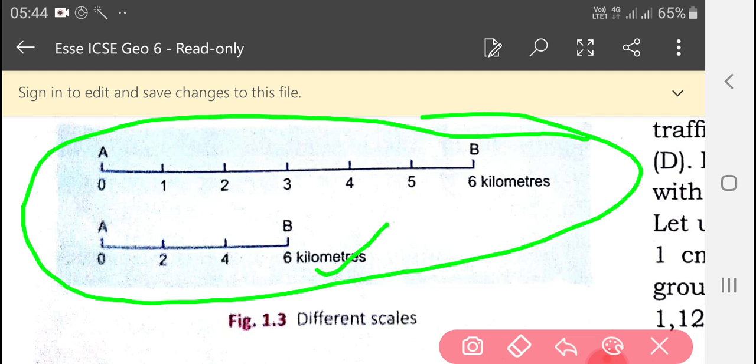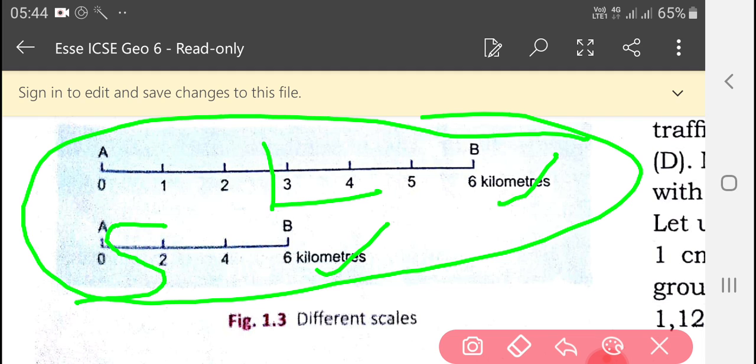Here also 6 kilometer, here also 6 kilometer. Have you noticed? Then what is the difference, which one is large and which one is small? The second one is small and the first one is large.